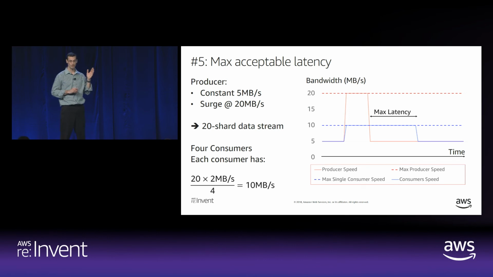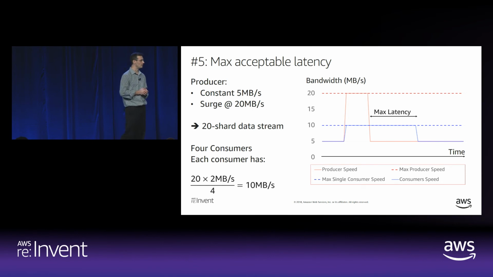Therefore, the consumer is going to start lagging. The data is going to have more and more delay, more and more latency. The difference between the end of the surge and when the consumer catches up is going to be the maximum latency that the consumer is going to see.